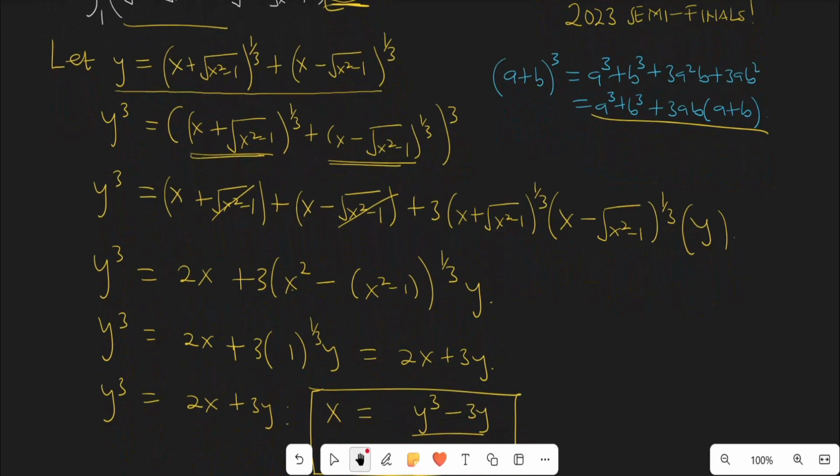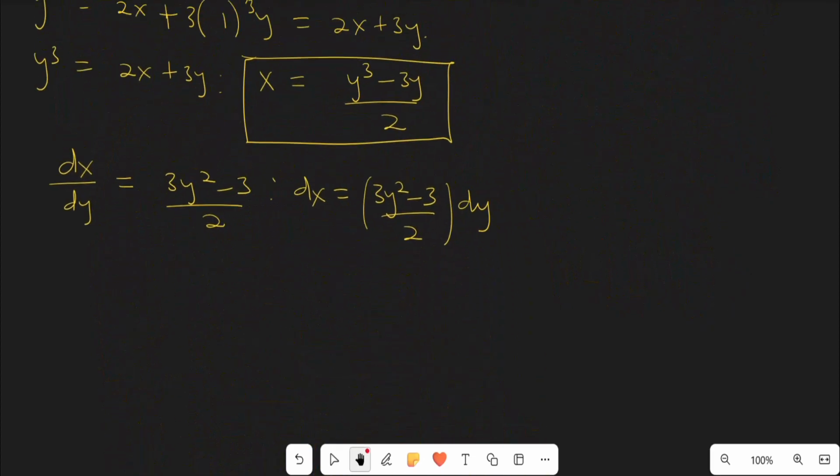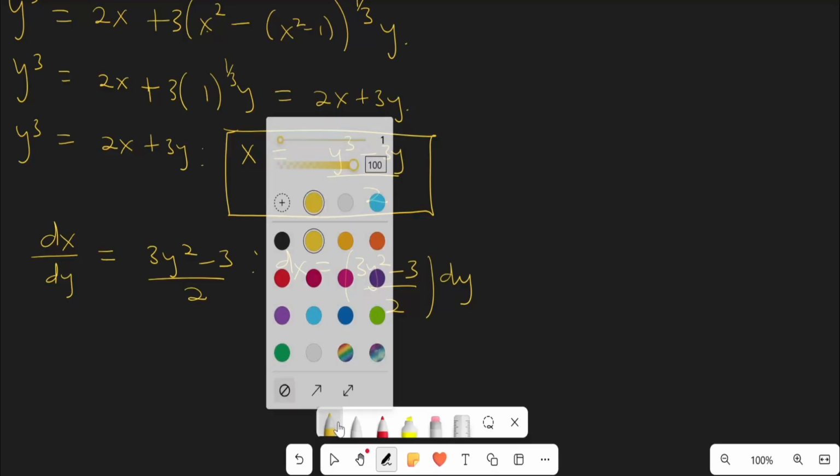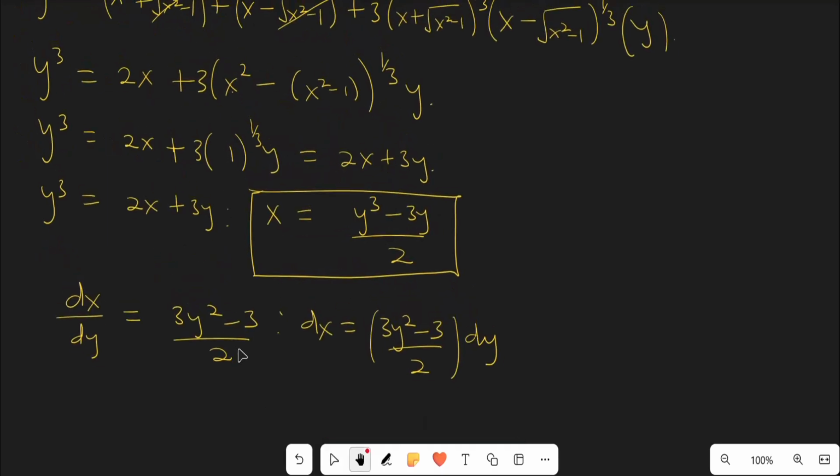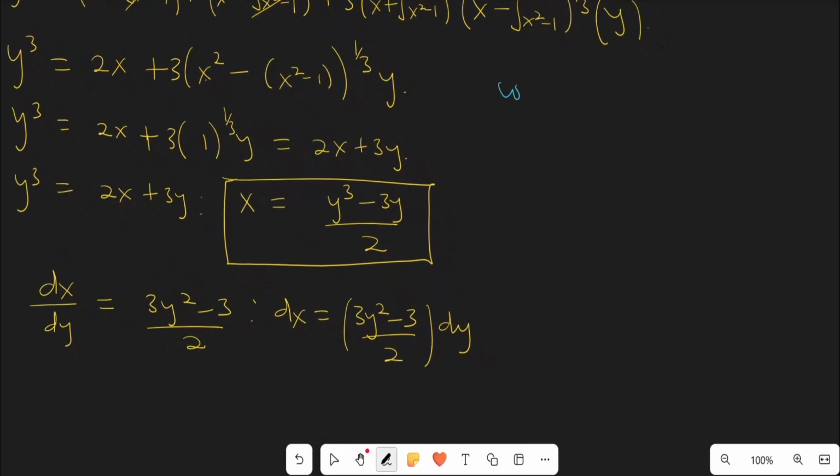Now the next task is to find the limits for y. The lower limit for x is 1 and the upper limit is 9. So let's switch colors, why not? When x is equal to 1, that is the lower limit, if you plug that here, 1 is equal to (y cubed minus 3y) all over 2. So that implies 2 is equal to y cubed minus 3y.